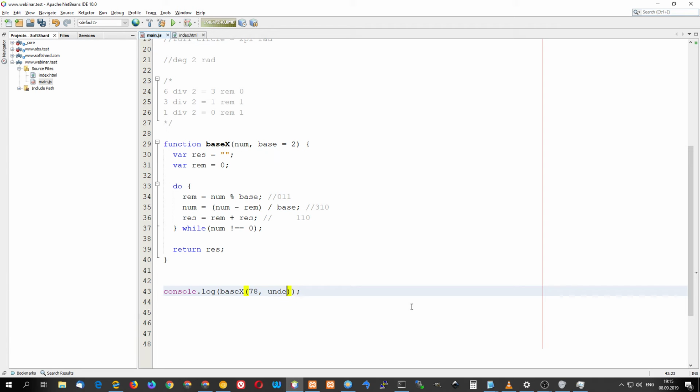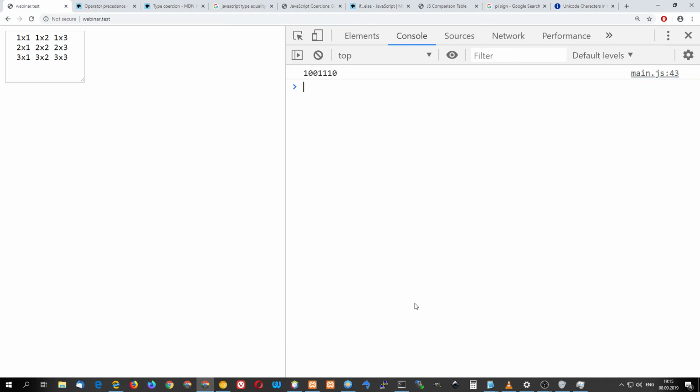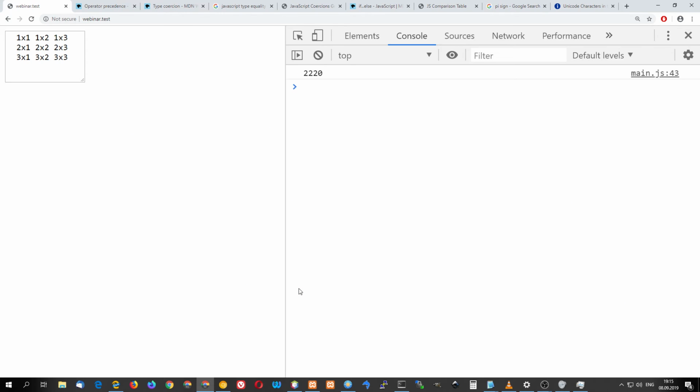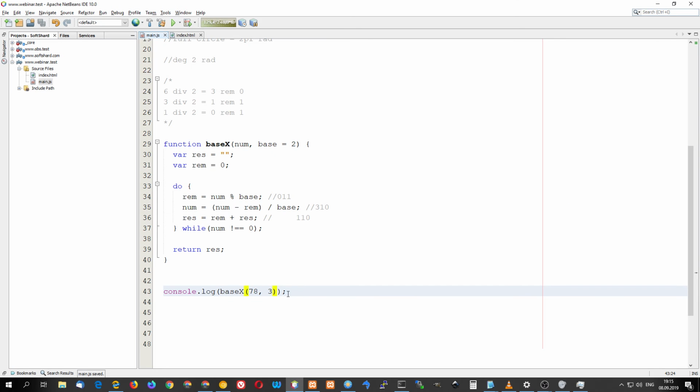If I pass undefined, it's still in base 2. If I pass 3, it would look different because the parameter is passed, so the default value of the parameter is ignored. The default value of a parameter is applied only if the parameter doesn't exist or is undefined, which is basically the same.